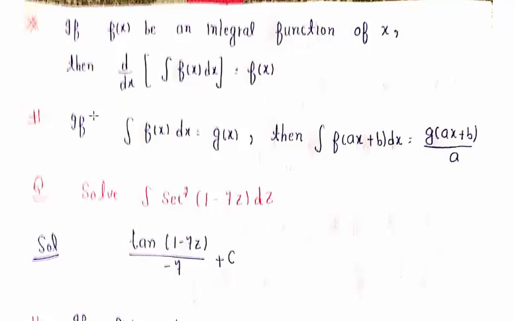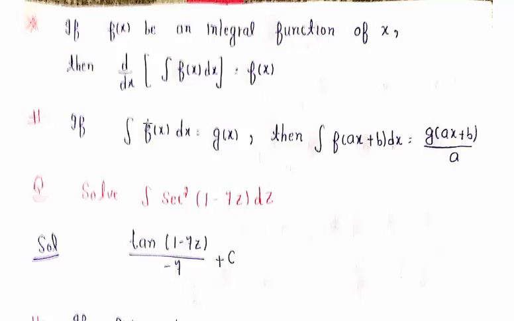The second result is that if the integration of f(x) dx with respect to x is g(x), then the integration of f(ax plus b) is equal to g(ax plus b) over a.